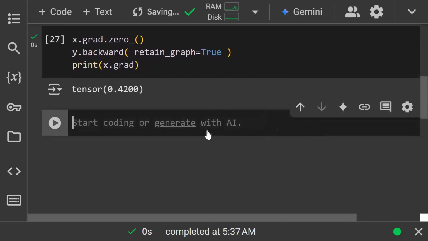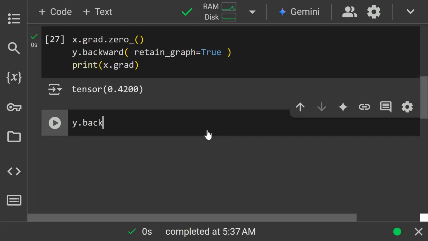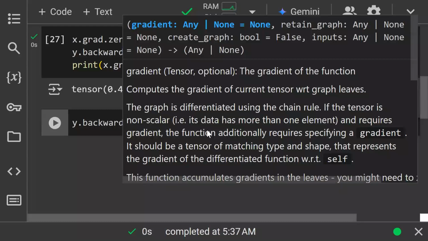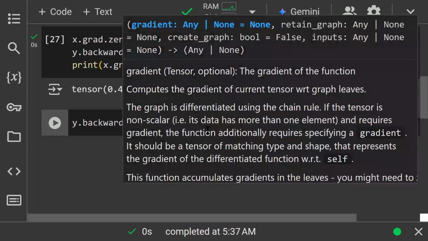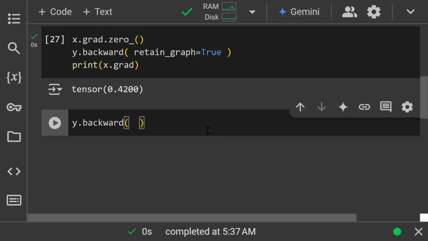Let's take the second order derivative of tanh. The y.backward is obviously the backpropagation, but you can have an option called create_graph equals true.